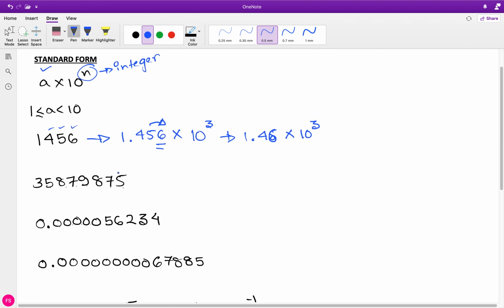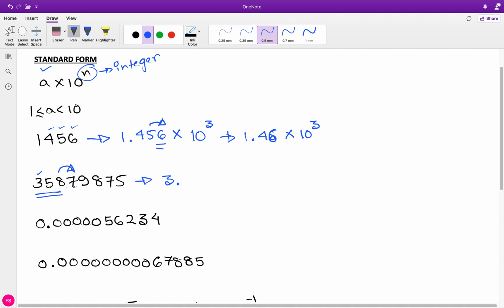Let's look at another example. We have 35879,875. I'm going to do the same thing with this one. I'm just going to take the first number, which is 3, put a decimal point after it, and then take 3 numbers in total. So 3.58. My 3 significant figures, 358. Then you have to look at the number that is after this.